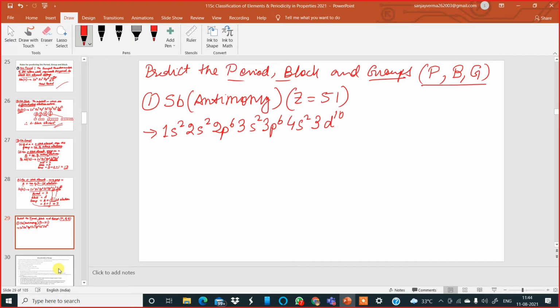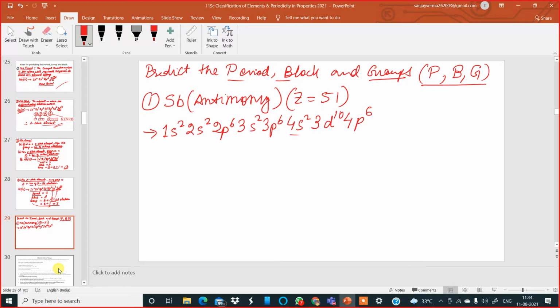After 3d comes 4p6. Then where is 4s? 4s is done, finished.